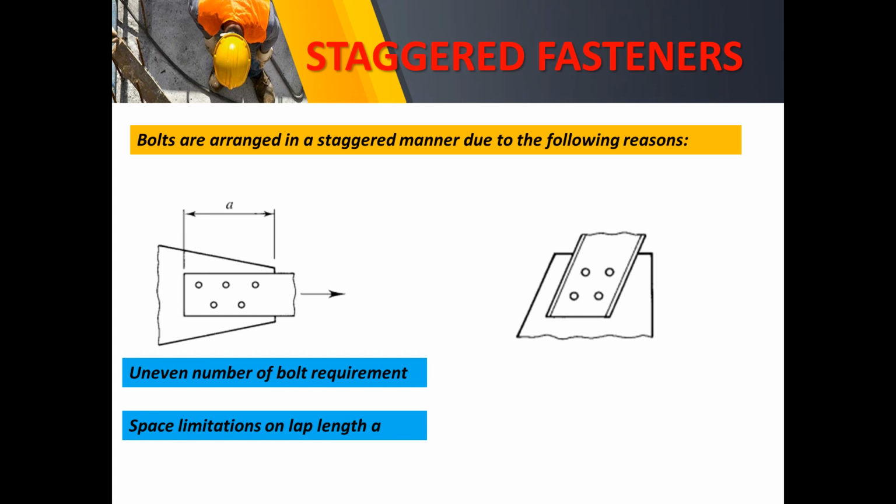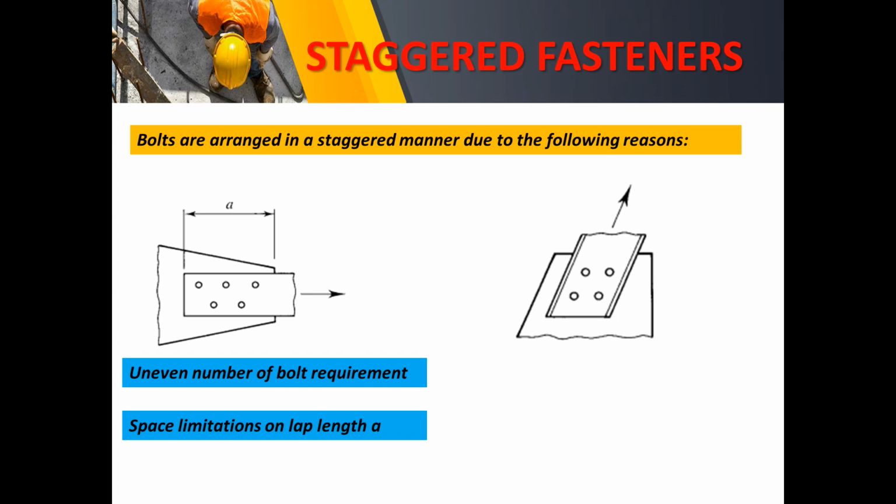Another condition on staggered fasteners is if your member is inclined, in a configuration like this, of course you're going to connect that member parallel to the loading.